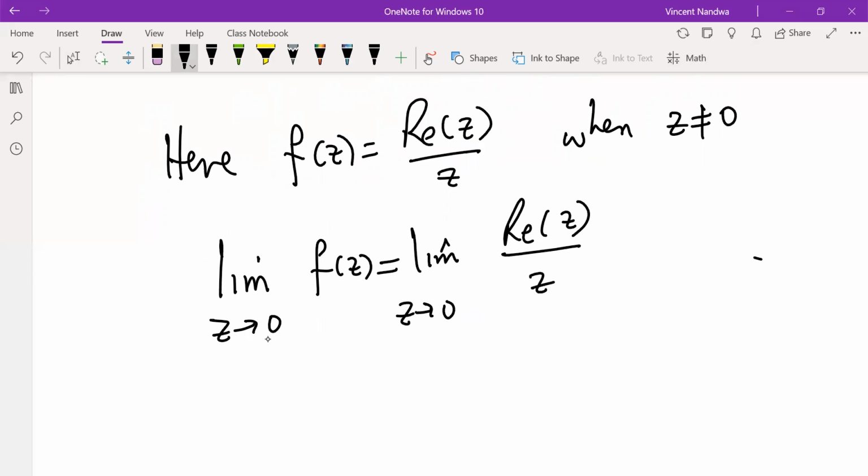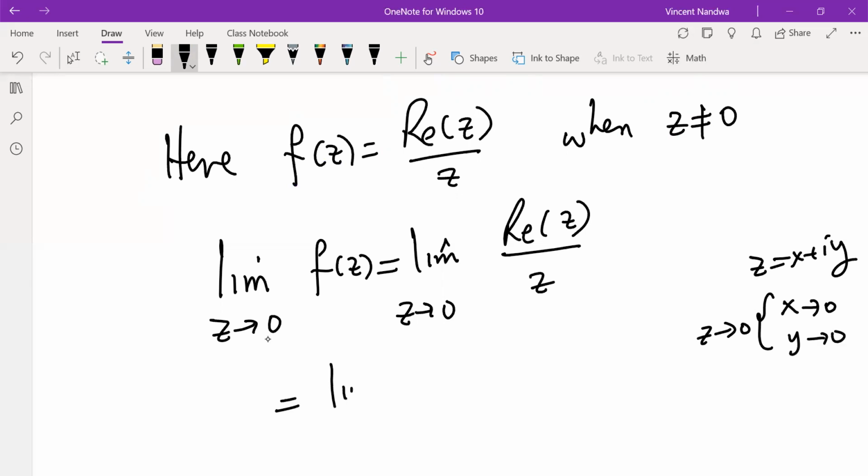So remember, by definition, z is given by x plus iy, and then the real part is x. So when you say z approaching 0, it implies both x is approaching 0 and y is approaching 0.